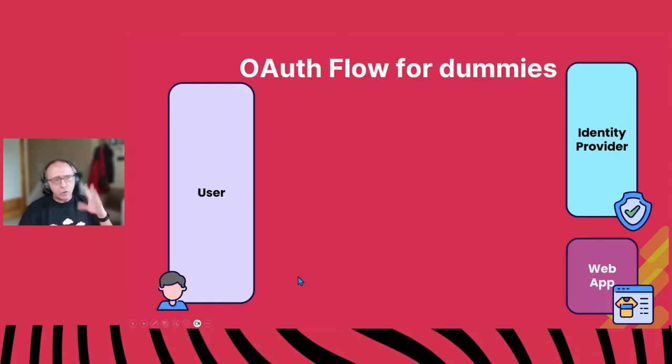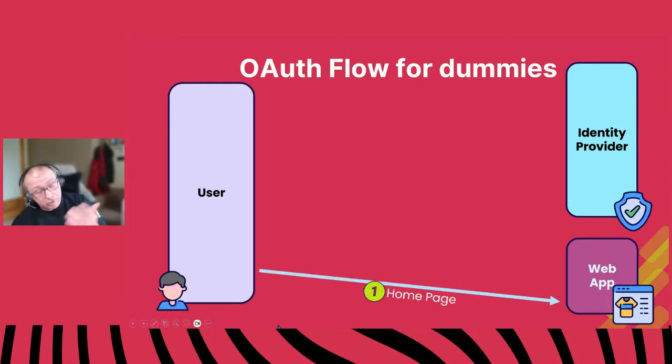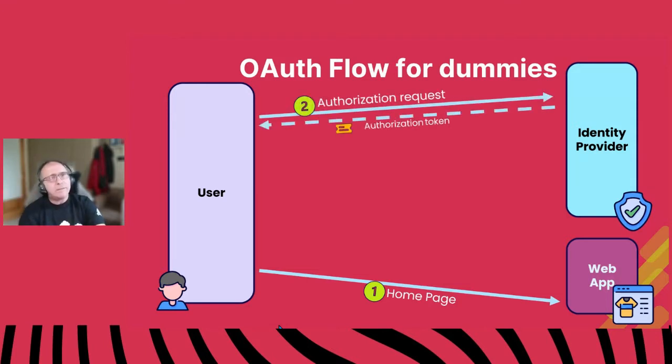So first of all, your user ask for the home page or ask for an authenticated resource, maybe a home page, but also maybe a REST endpoint, it is not important. And because the request doesn't contain a valid token or contains a token that is expired, this request will be redirected to the identity provider.